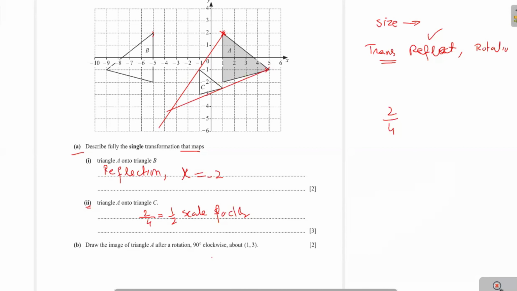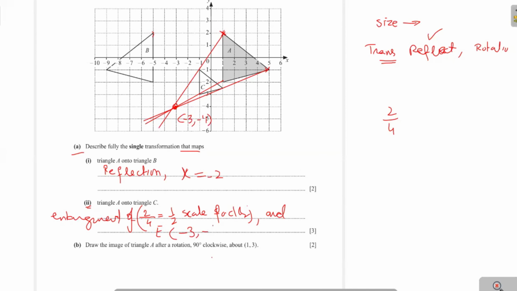You see here the two lines intersect at a point, which is the center of enlargement. This is the center of enlargement, and this point is -3, -4. Therefore, this transformation is an enlargement of 1/2 scale factor, and the center of enlargement is -3, -4.